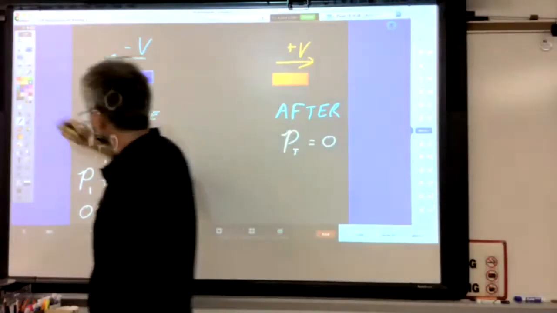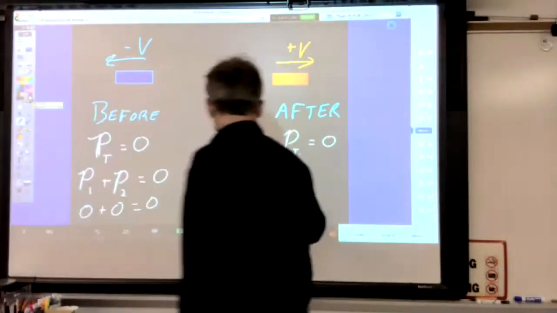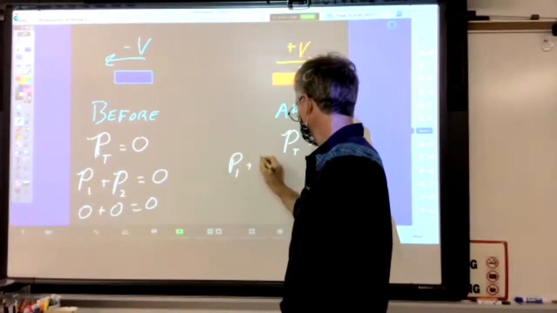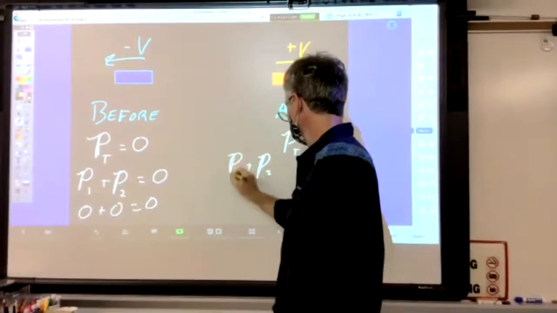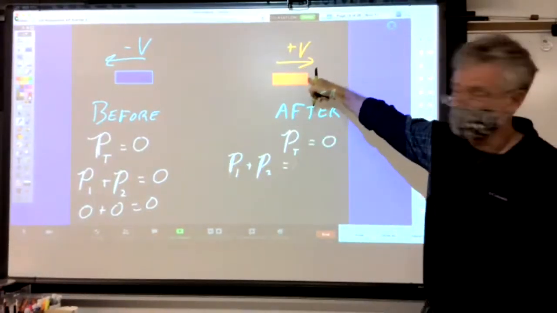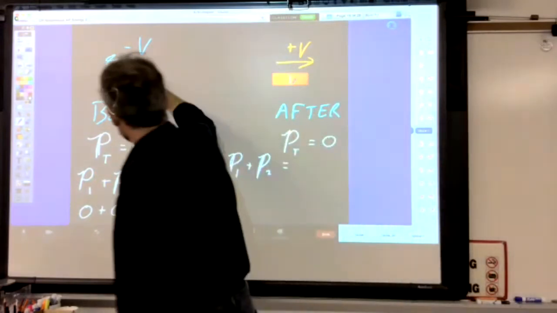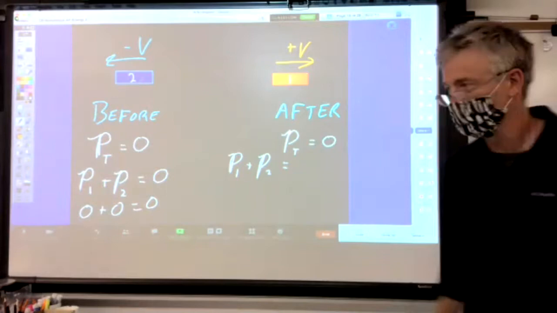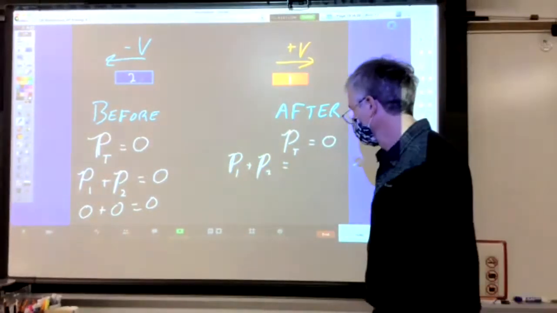So the total momentum is found by determining the momentum of 1 and the momentum of 2. I'm arbitrarily calling red 1 and blue 2, just because that's what it's always going to be. Red is 1, blue is 2.